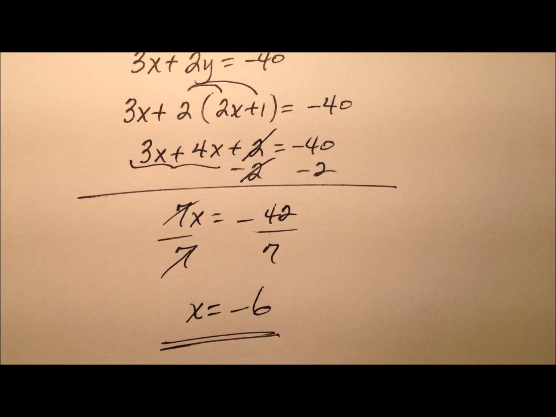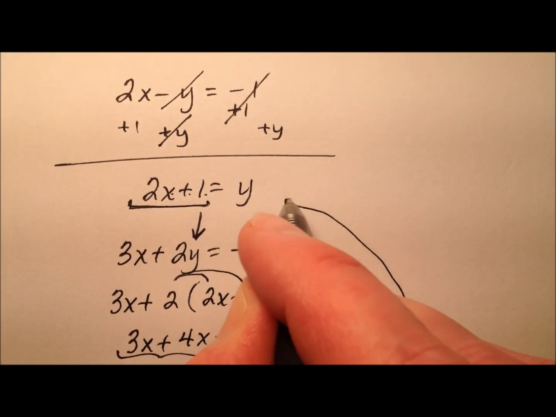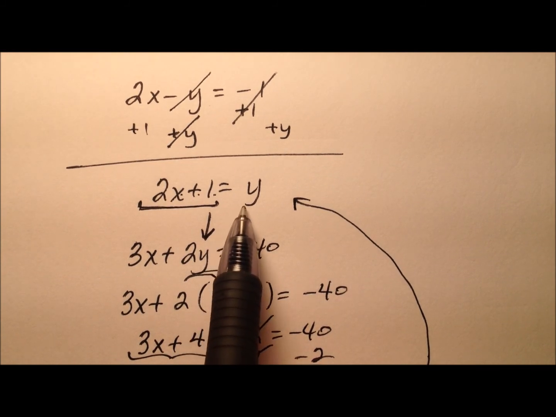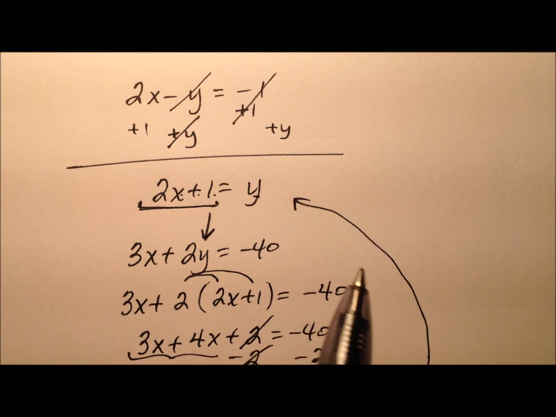Fantastic. So remember again, this x equals negative 6 is the x value in the ordered pair that will function as the solution to this system. So let's go ahead and plug it back in. And we're going to plug it back into the equation where I have already isolated my y value.